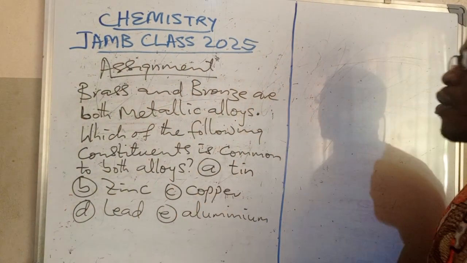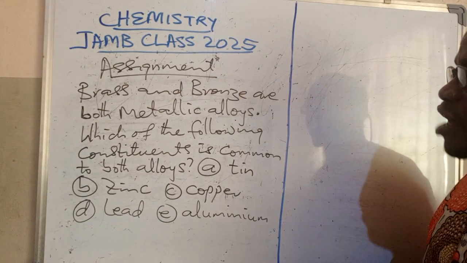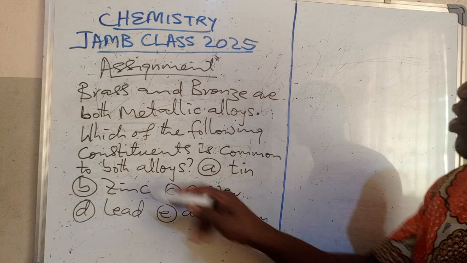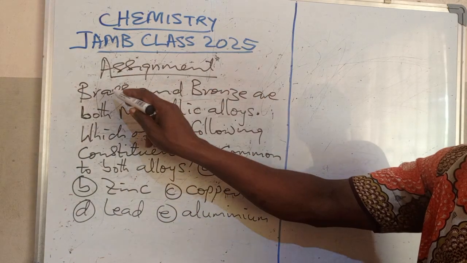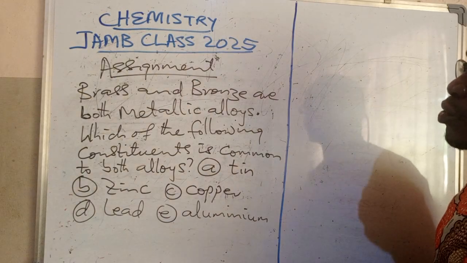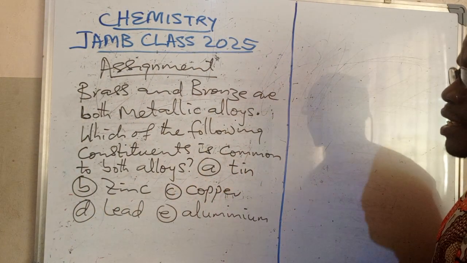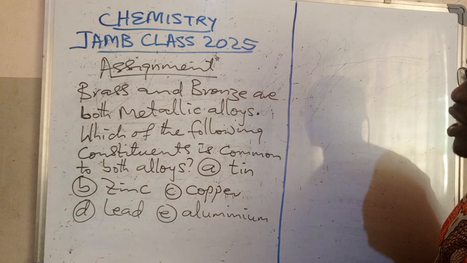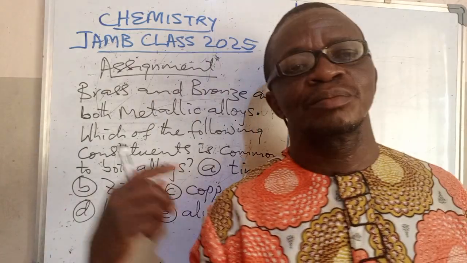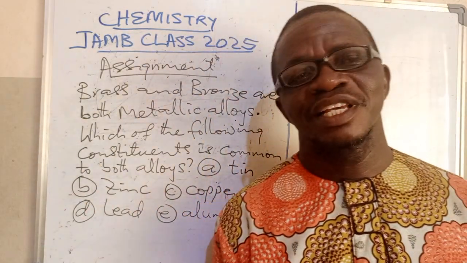Which of the following constituents is common to both alloys? Which of these options is present in brass and also present in bronze? A, tin. B, zinc. C, copper. D, lead. E, aluminium. So answer that question and drop the answer with me.